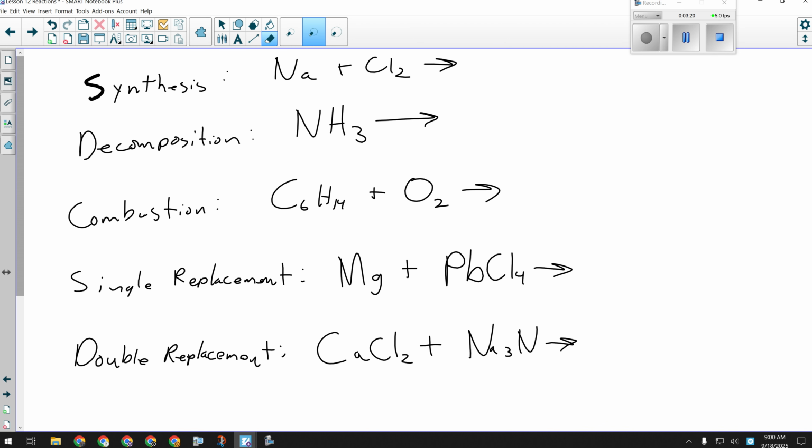Each one looks different. Without even having the products, each one looks different. Your task is going to be to identify a reaction if that's all I give you.